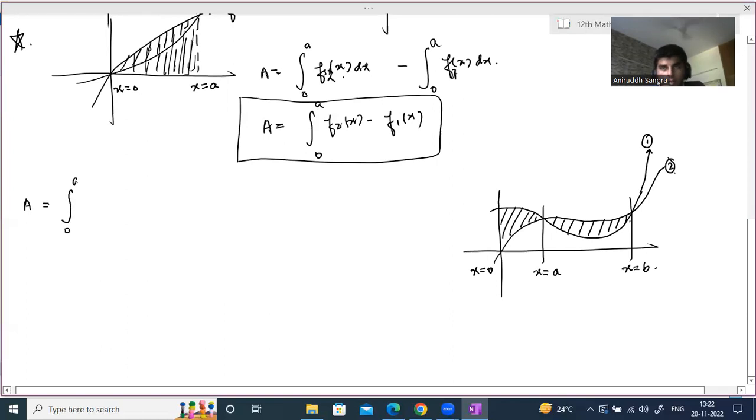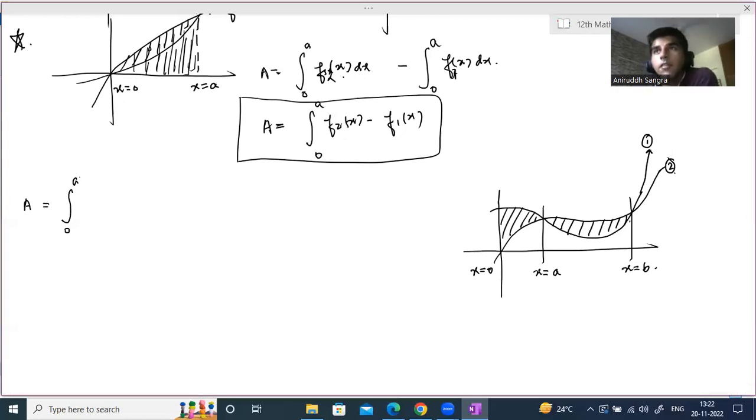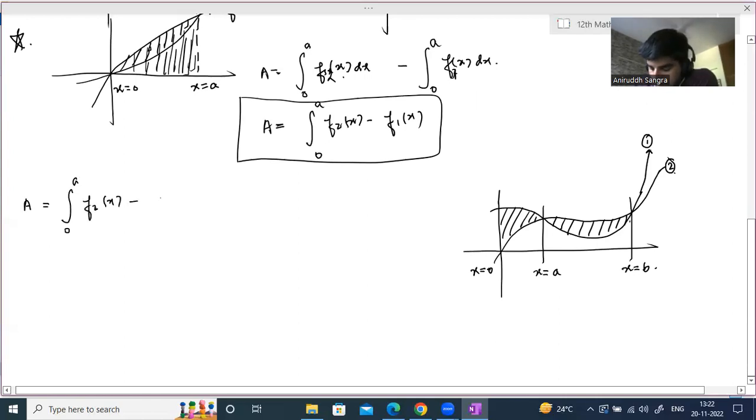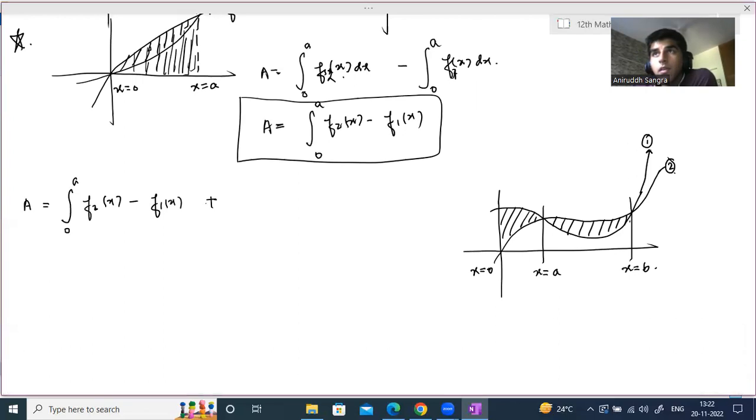0 to a, f2x minus f1x. Yes, that is correct. f2x minus f1x plus, which area?